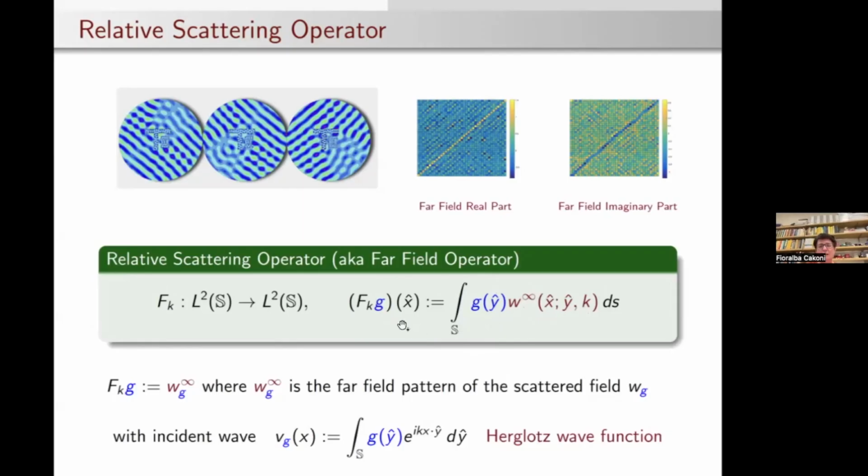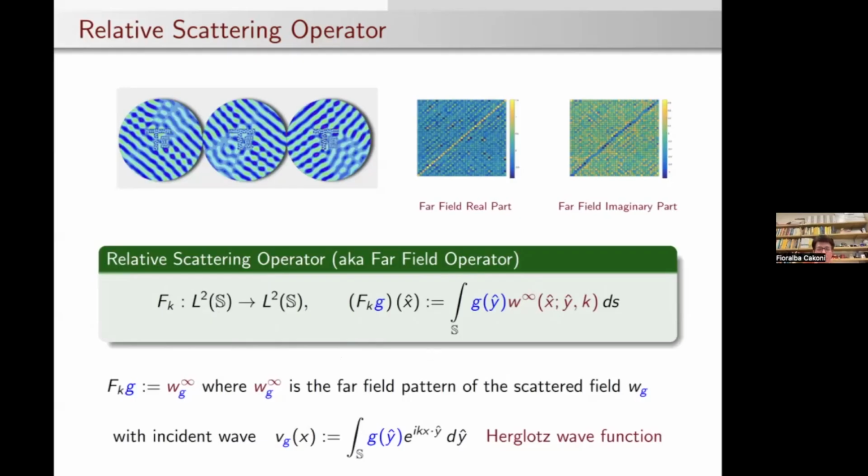And this is the famous far field operator, or relative scattering operator, known as the S matrix, right? This is an operator from L2 on the unit sphere or circle, depending on the dimension, to L2, and it captures this superposition concept.